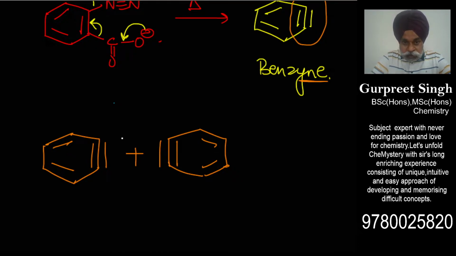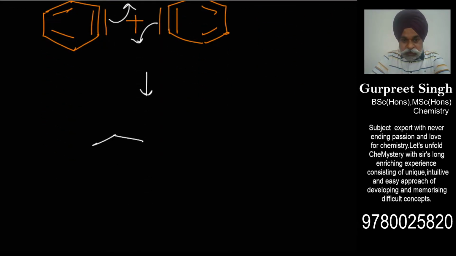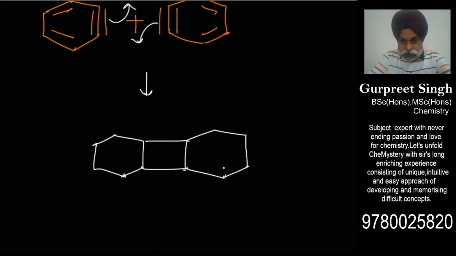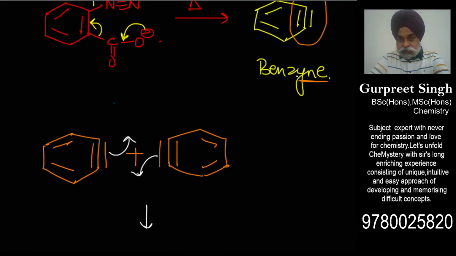This triple bond opens up like this, and this results in the formation of a compound which we refer to as biphenylene. This is the common name of this compound, biphenylene, and this we said as benzyne.